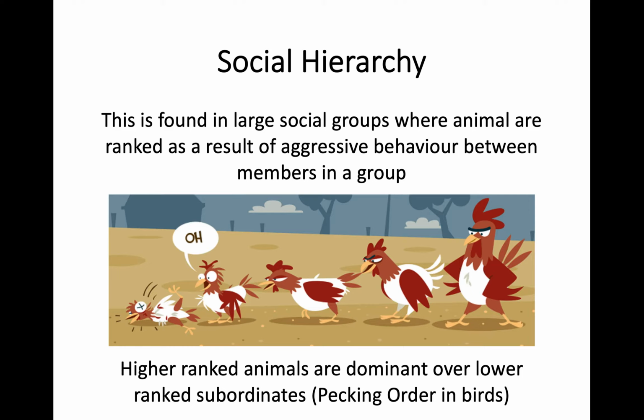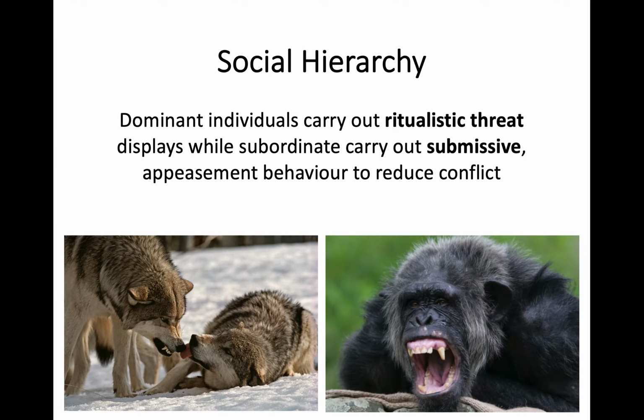If you have seen or had chickens, you'll know that they can be quite vicious when they're first put together in a group, because they show this aggressive, threatening behaviour by pecking each other. Effectively, the chicken that is pecked the most by the others is going to be the lowest ranked chicken, whereas the one that is pecked the least is going to be the dominant chicken, and the rest of them in between are ranked based on that pecking order.